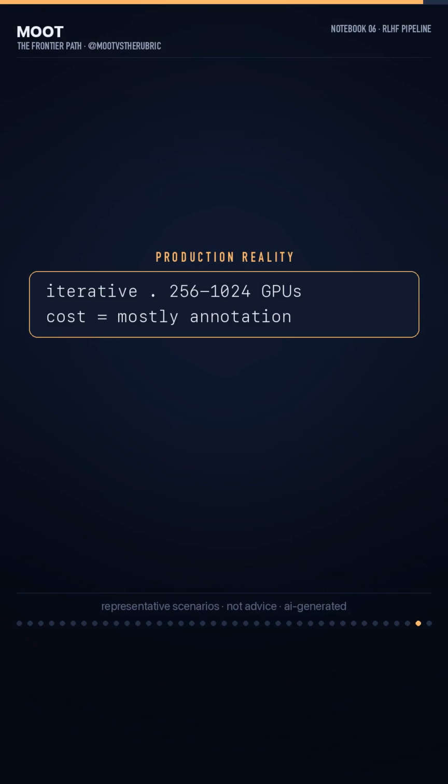And the production reality behind the tidy 3-phase diagram. Real RLHF is iterative, multiple rounds, each retraining the reward model on the improved policy's outputs. A single iteration on a large model can mean hundreds to over 1,000 high-end GPUs, 1 to 2 weeks for the PPO phase alone, and the dominant cost is not even compute, it is human preference annotation, which can run into the millions per round.